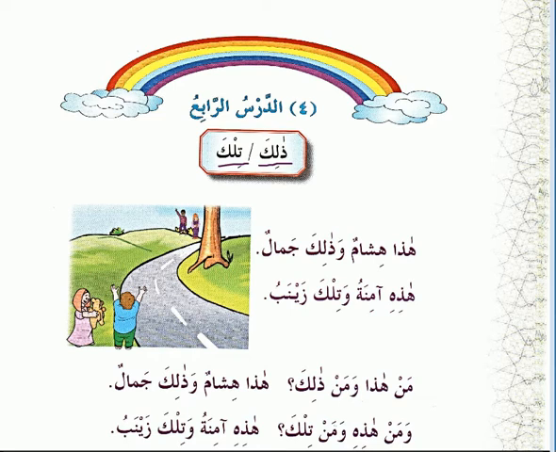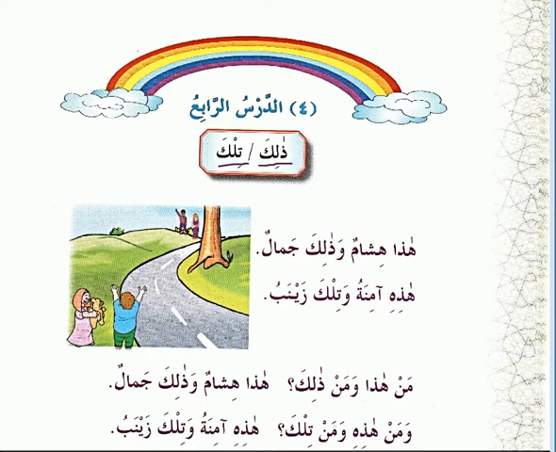So dhalika, what do you use dhalika for? As opposed to tilka. Why would you use dhalika instead? Good, right. If it's a male, if you're pointing to something like a boy, or if you're pointing to something, right, a male, you would use dhalika. And if you were pointing to some girl, or you're pointing to something like female, then it's tilka, right.